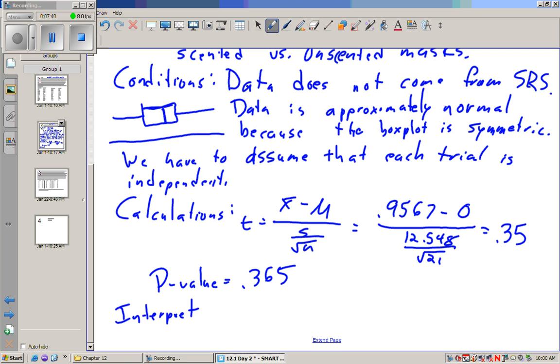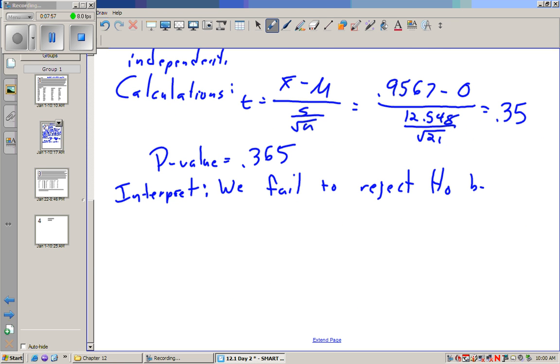Now we interpret this. The p-value is high, so we'll fail to reject the null. We fail to reject the null hypothesis because the p-value is too high.